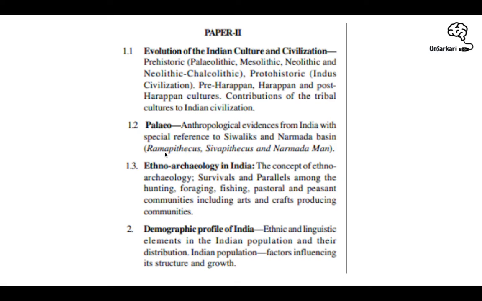Ramapithecus has been named due to Lord Ram, or Sivapithecus on Lord Shiva. And Narmada man is because of its finding near the Narmada river. So you'll be studying the exact details about all these fossils, and you'll be able to even relate it to what you read in paper 1.